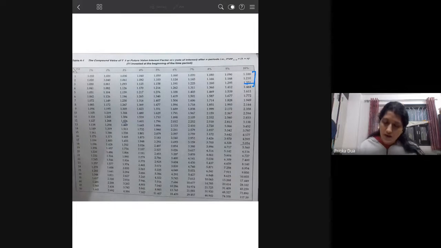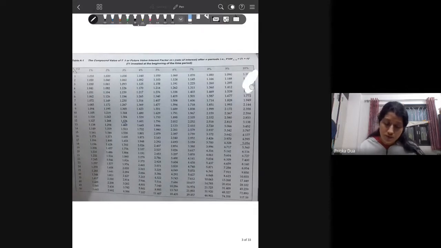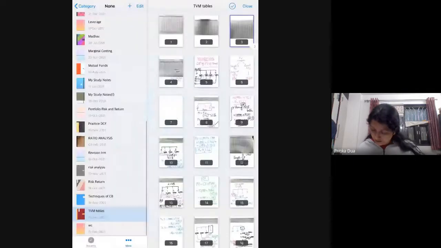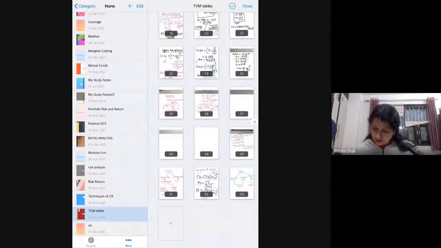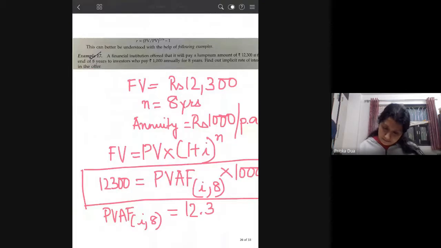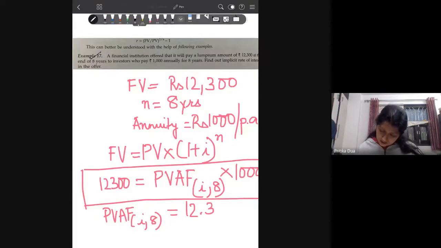Okay, sorry. I am using the wrong table. I wrote it incorrectly there. So actually it is the FVAF table, because the value is growing, so we are actually compounding. So I go to the future value annuity factor table.